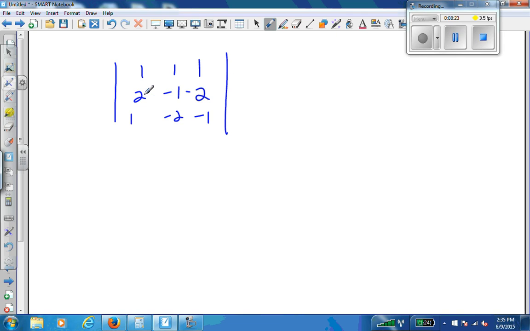To get a 0 here, we need to do negative twice the first row plus the second row. That'll give us our new second row. To get this to be a 0, we want to do the opposite of the first row plus the third row to give us our new third row. And remember, if we're only adding a multiple of one row to the other, that doesn't change the value of our determinant.